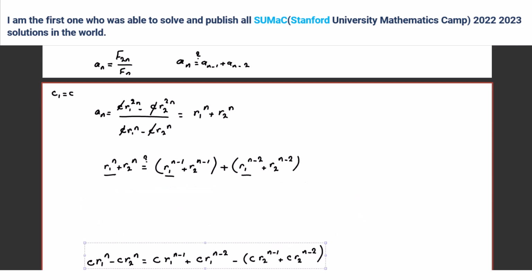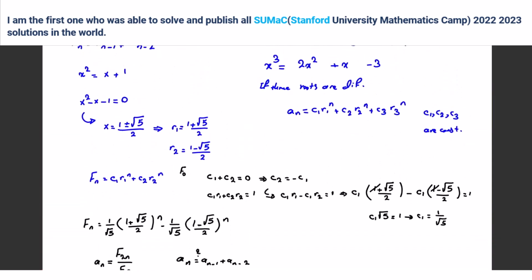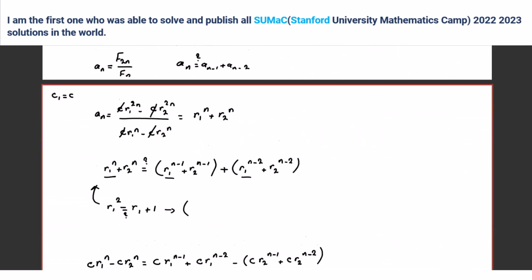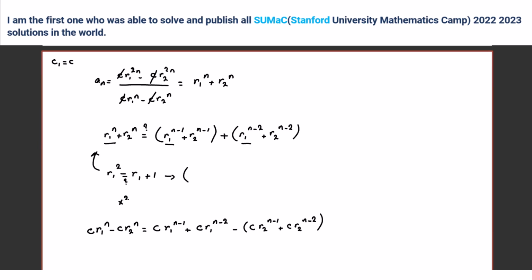So if we want to prove this, directly we should prove r1 squared is equal to r1 plus 1. But we already did that because r1 is a solution to this quadratic, x squared minus x minus 1 is 0. So because x squared minus x minus 1 is 0, r1 and r2 satisfy this, right? Also r2 squared is r2 plus 1, so we proved this, right?